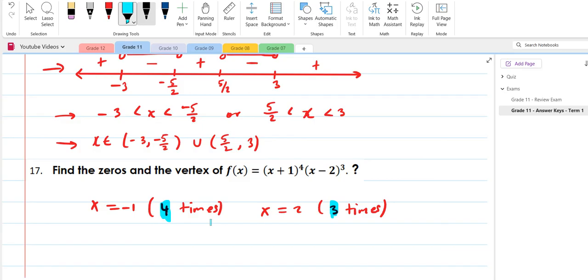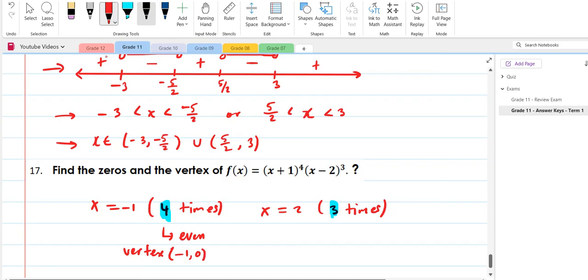Since this one is even, there's a vertex at (-1, 0), and since this one is odd, there's only an x-intercept at (2, 0). So the curve just goes through (2, 0).